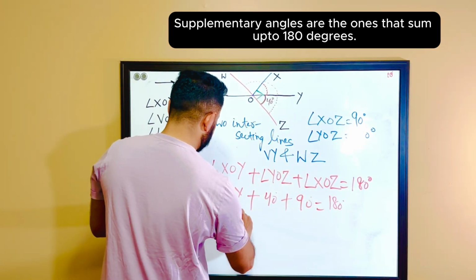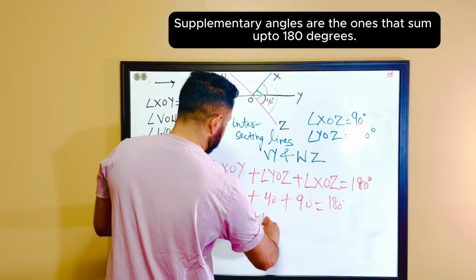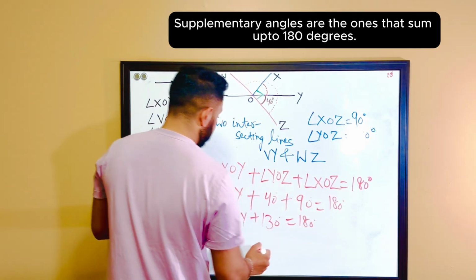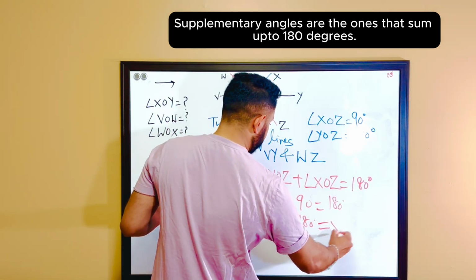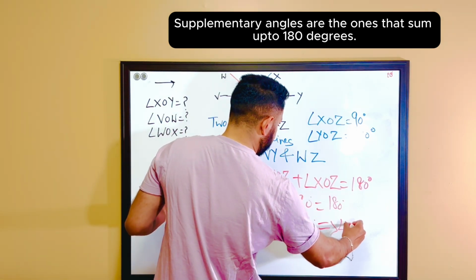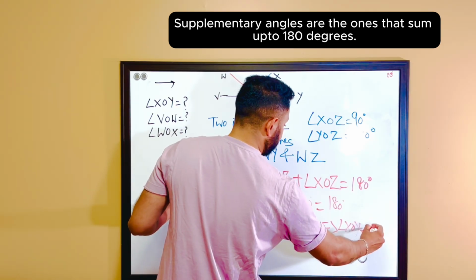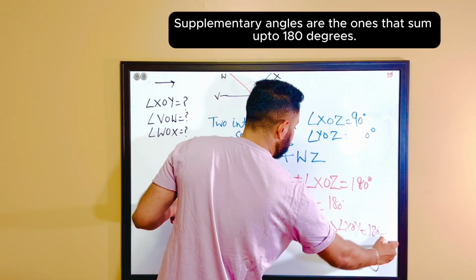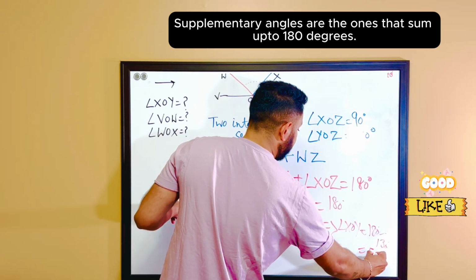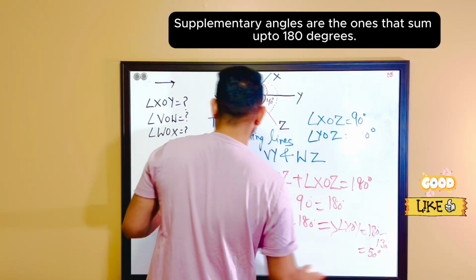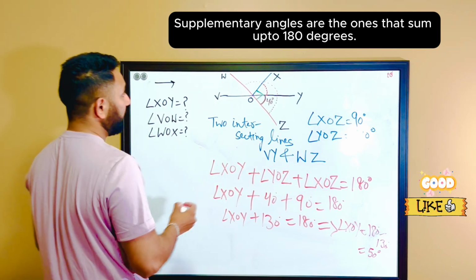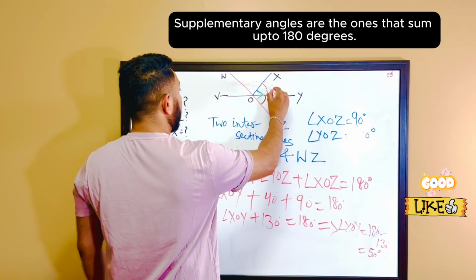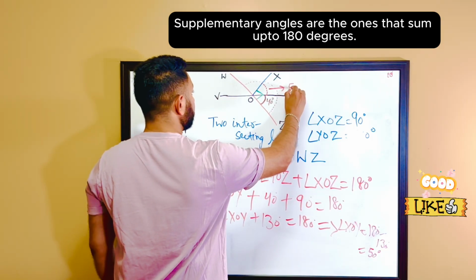So XOY plus 130 is equal to 180. So this implies XOY is 180 minus 130, so it comes out to be 50 degrees. So XOY is 50.